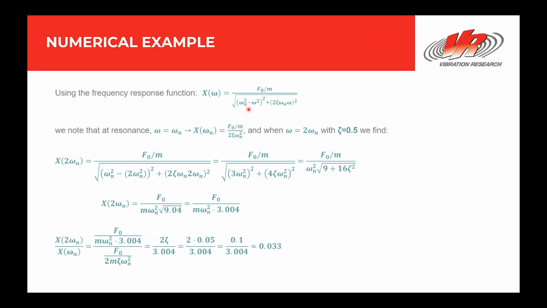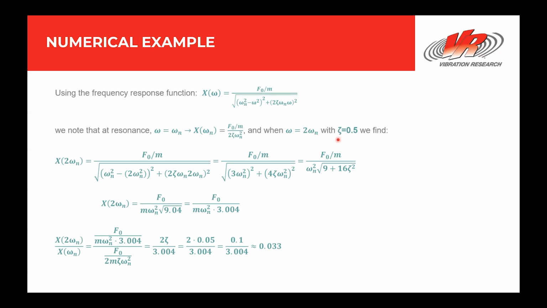So a lot of these terms cancel out when omega is equal to omega sub n. But what's maybe of more interest is when omega is equal to 2 times the natural frequency. So we'll go through the math on that. And just for simplicity of illustration, we'll let zeta equal 0.5.